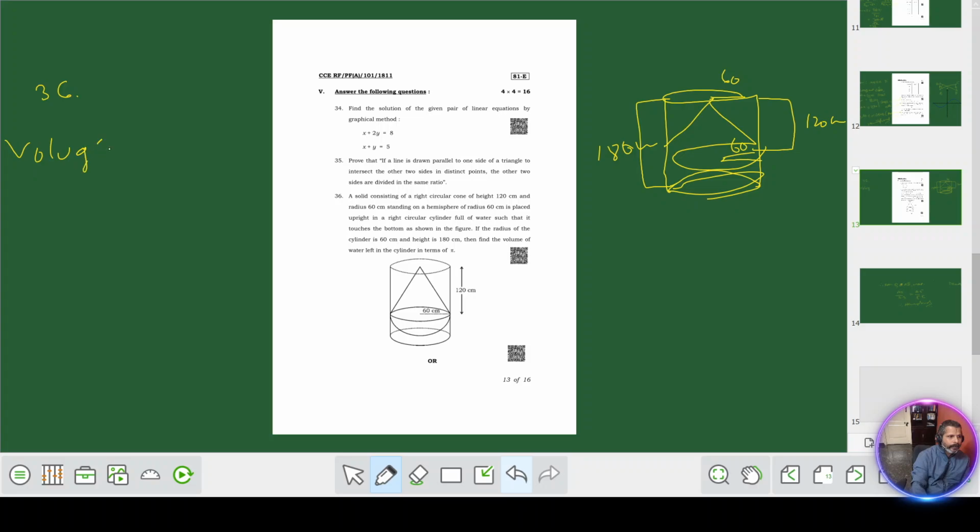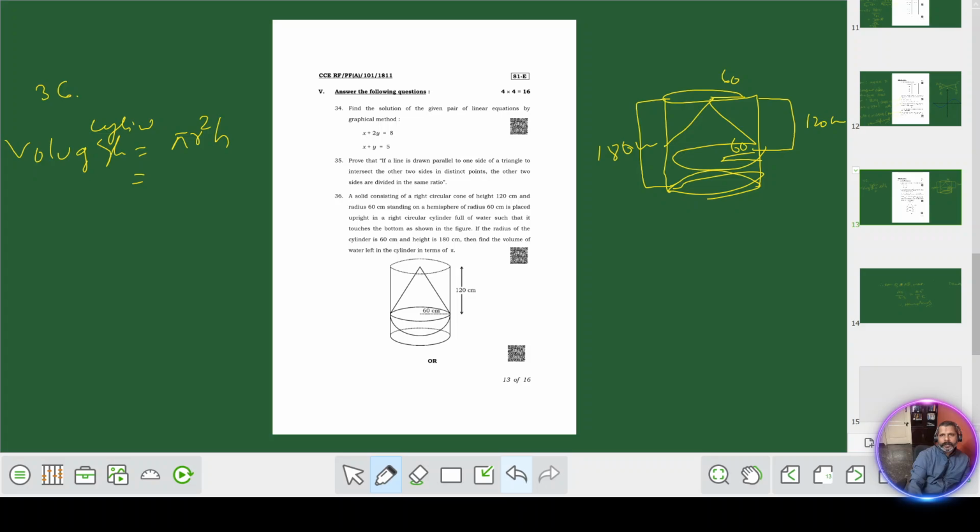What is the cylinder volume formula? Pi r square h. Basically, from the volume of the cylinder, you have to subtract the volume of the solid. Again, the volume of the solid has two figures, hemisphere and cone. You have to add those volumes and subtract from the cylinder volume.